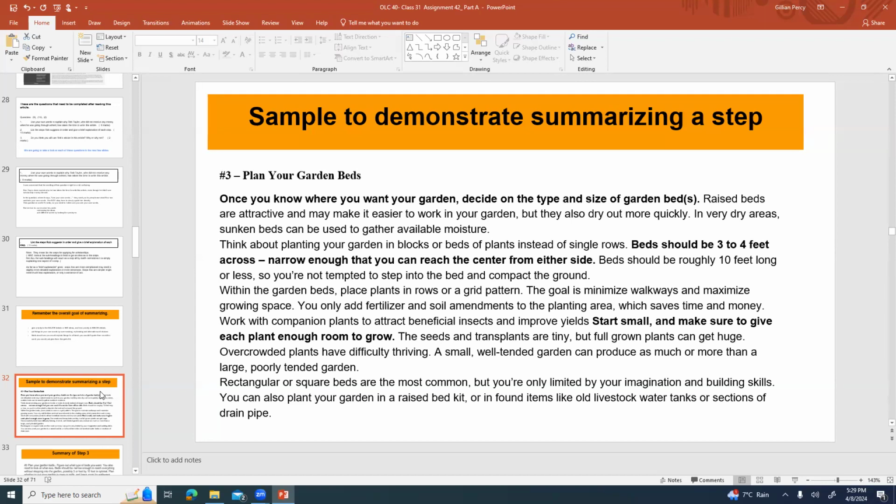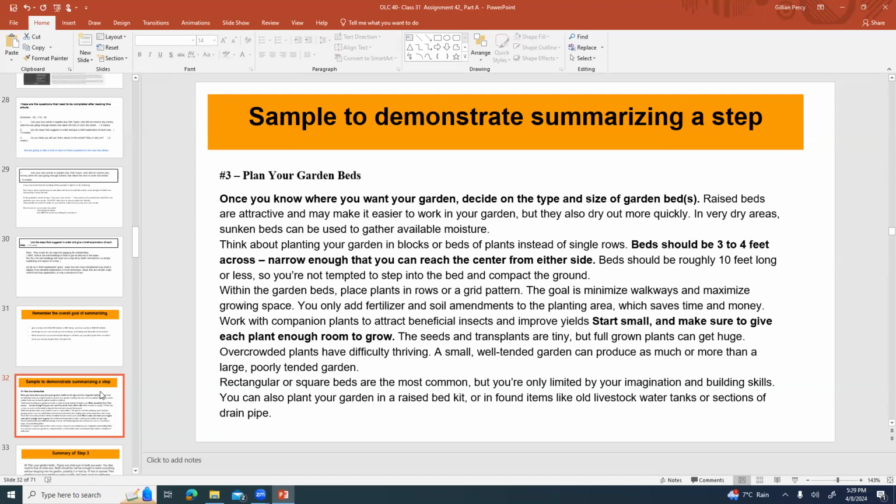Within the garden beds, place plants in rows or a grid pattern. The goal is to minimize walkways and maximize growing space. You only add fertilizer and soil amendments to the planting area, which saves time and money. Work with companion plants to attract beneficial insects and improve yields. Start small and make sure to give each plant enough room to grow. The seeds and transplants are tiny, but full-grown plants can get huge.